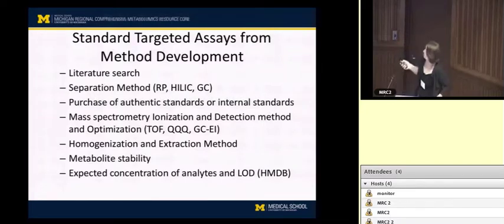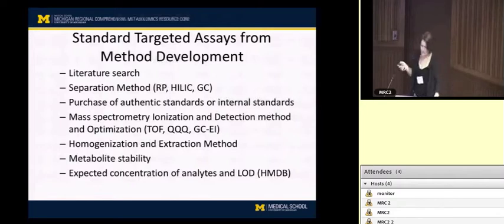And then again, what I talked about a little bit earlier: once we've got the method down low enough on standards, to the nanomolar level or whatever, we want to have a good chance of seeing your compounds, so we've done some literature searching to see the expected concentration in your sample.